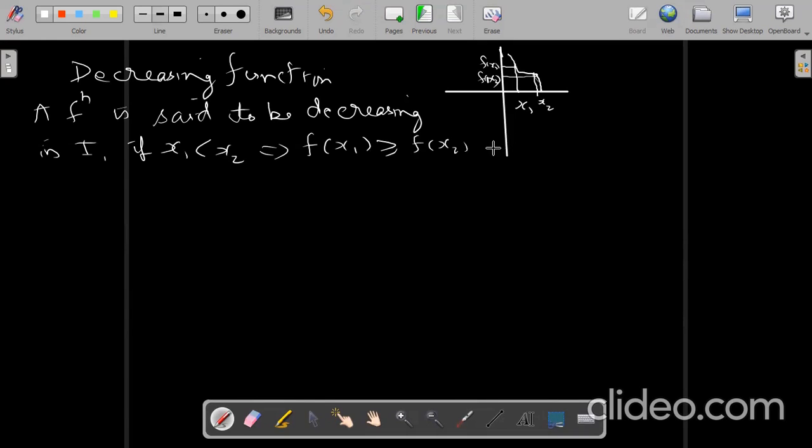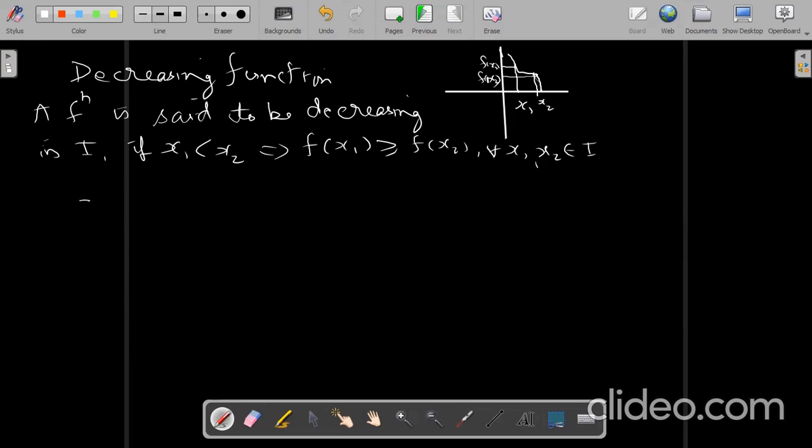And for all x1, x2 belonging to the interval. Okay.